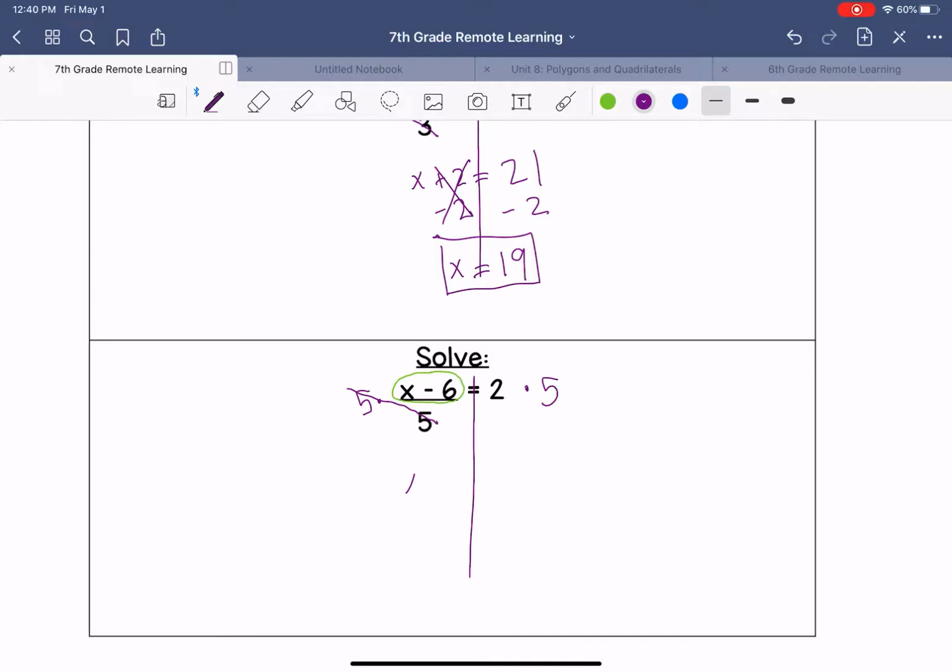I'm left with x minus 6 on the top, and 2 times 5 gives me 10. Now I have just a one-step equation, so to undo minus 6, I'll do plus 6 and plus 6 over here. And 10 plus 6 gives me x equals 16.